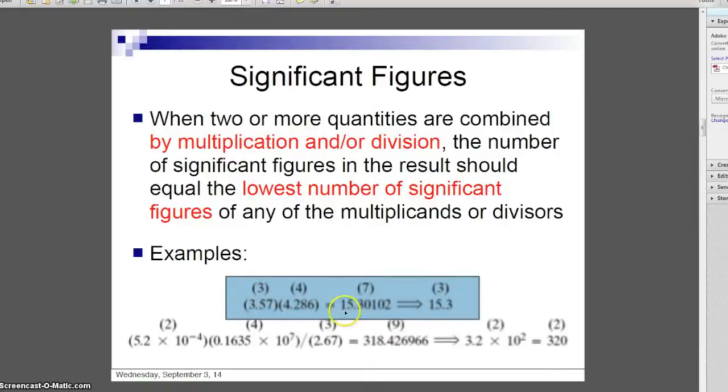So in the end, 15.30102 just becomes 15.3 because we are using the lowest number of significant figures in the first part, which is the multiplicands. It's hard to pronounce it. Anyway, let's look at the second example.